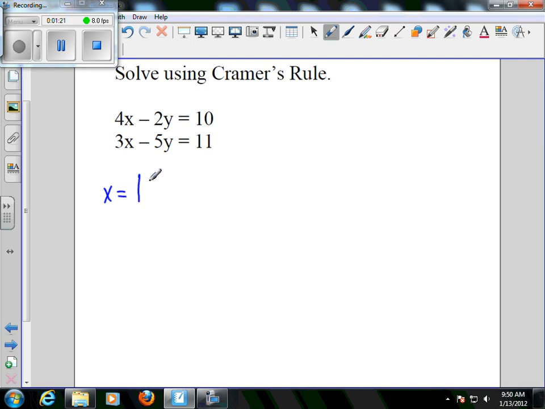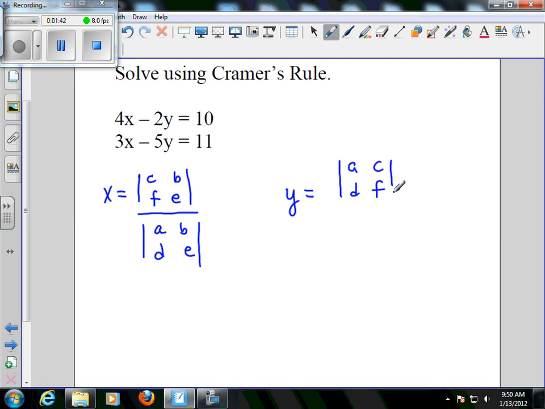We have x equals the determinant of C, B, F, E over the determinant of A, B, D, E. Okay, for y, we take the determinant of A, C, D, F divided by the determinant of A, B, D, E.